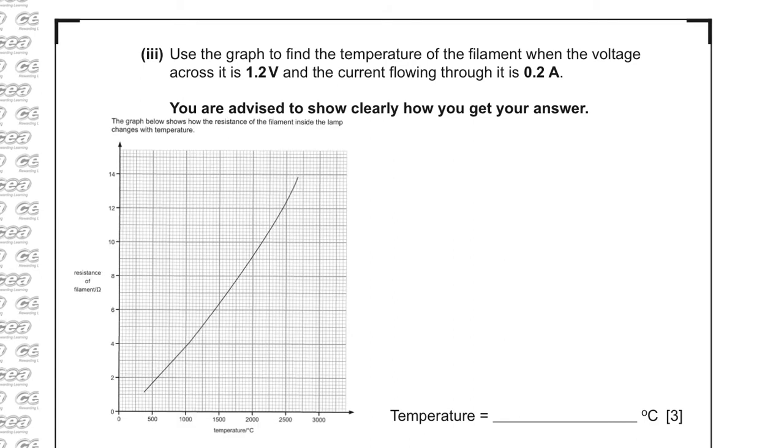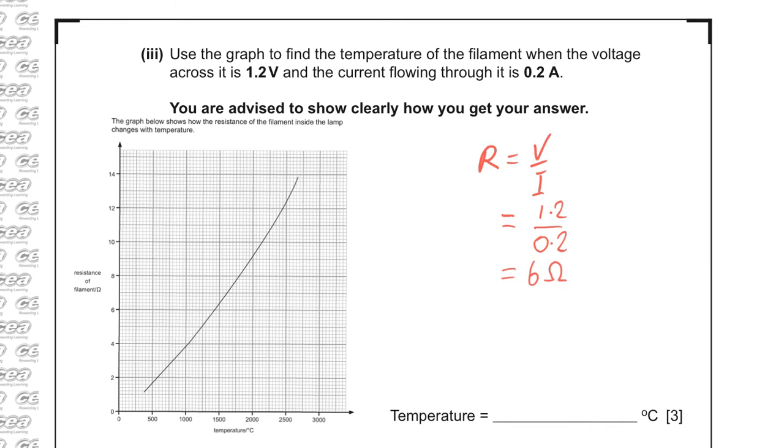So here's our graph. We need now to do a little calculation so we can have a resistance for this column to then plot onto the graph. So R is going to be V over I, just using Ohm's law. So we divide that voltage by that current, and we get that the resistance of the filament is 6 ohms.